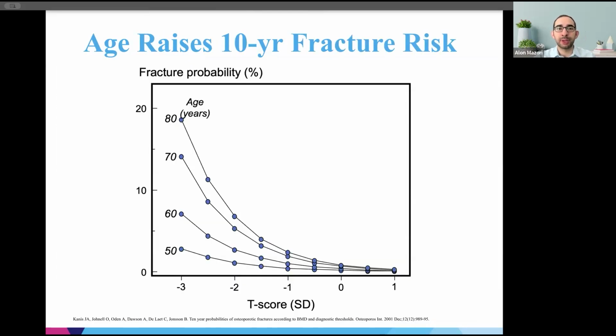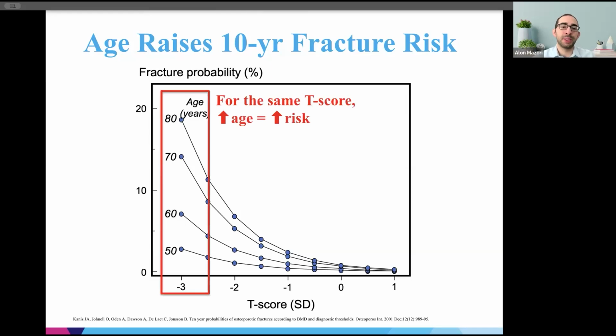Age is one of the most important risk factors for a future fracture. If we see here, for people whose T-score was -3, indicating severe osteoporosis, the impact of age can be exponential, and the older the individual, the greater the risk.